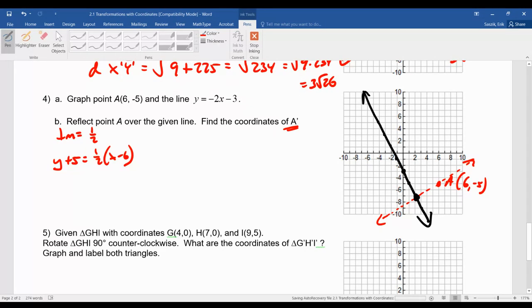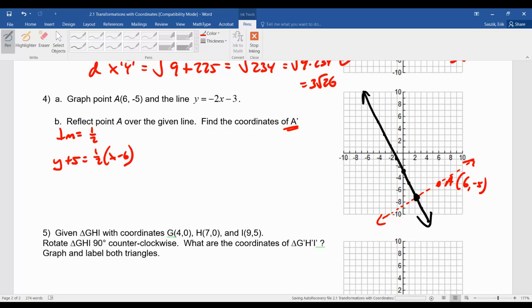Remember, we were given this black line, so we're going to take that, we're going to use substitution and solve this system, sticking that in for y.